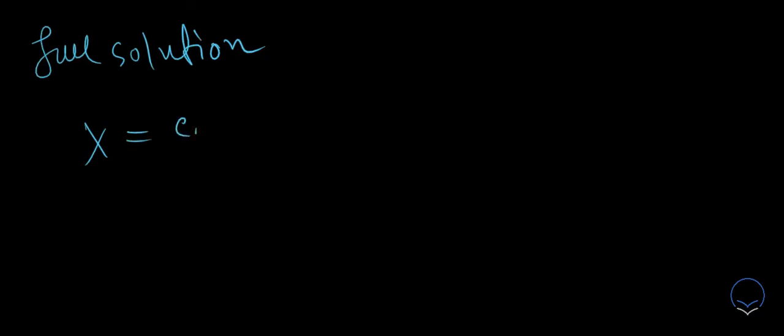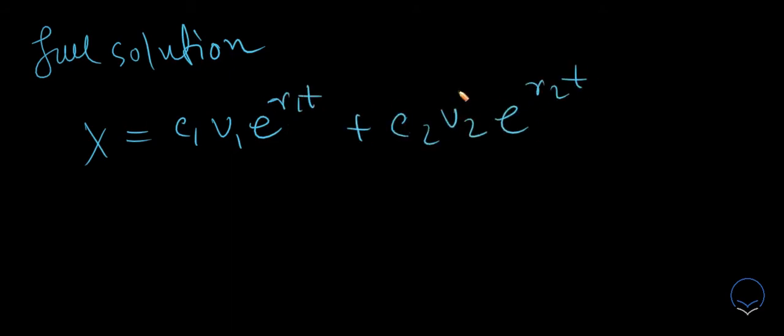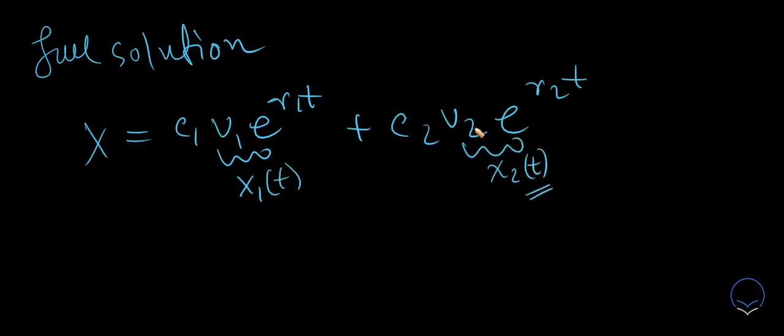So the full solution is written as x, where you have c1 v1 e to the power r1 t plus c2 v2 e to the power r2 t. That means a linear combination of the solutions for the variable x1 of t and the variable x2 of t. That's how you write the full solution. And obviously these are column vectors, this x1 and x2.